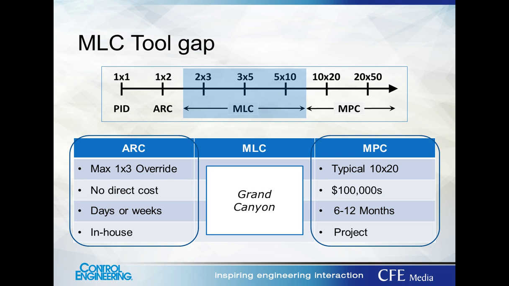In comparison, a 10x20 MPC application is actually somewhat small. Many exceed 100 CVs. Cost is often in the hundreds of thousands of dollars. Time frame can be up to a year or more. So this is a huge gap in industry's APC capabilities.